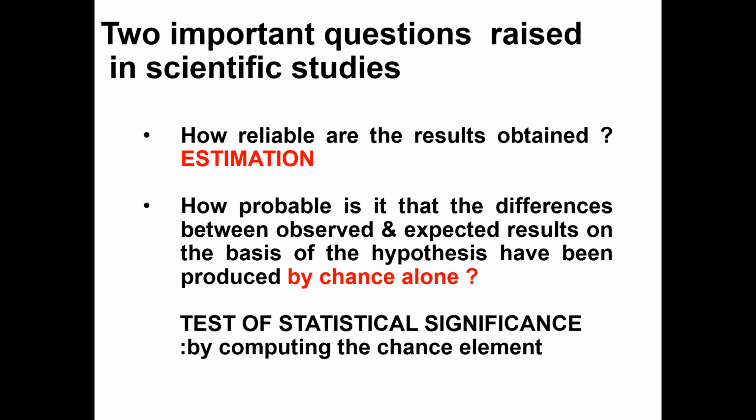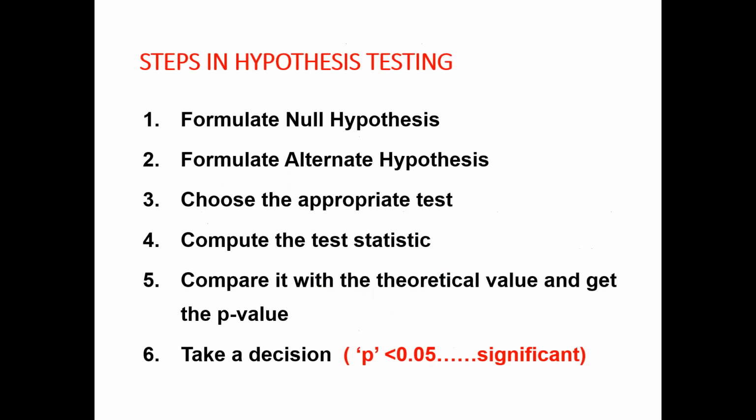All right. So that would be done by applying the various tests of significance. Please remember, by computing these different statistical tests, I would like to say whether the difference is occurring by chance or it is an actual difference or not.